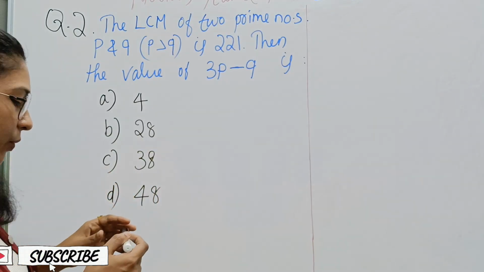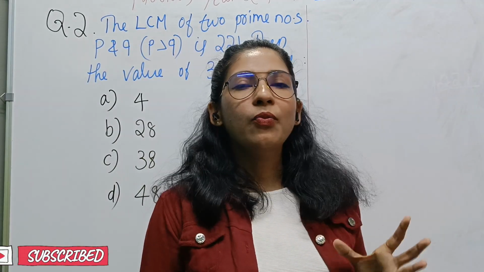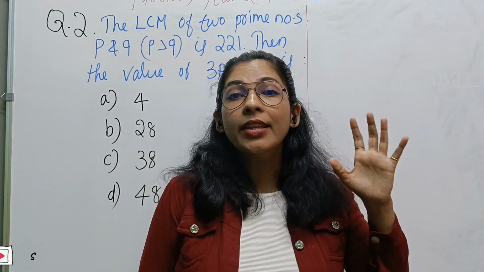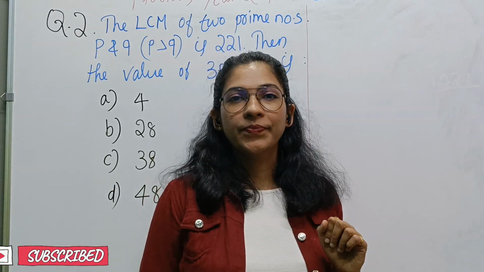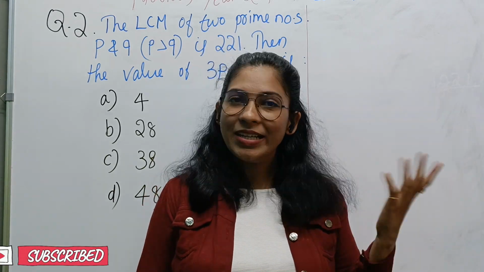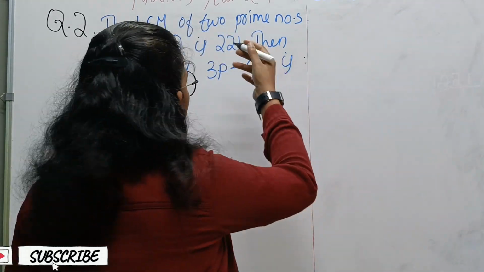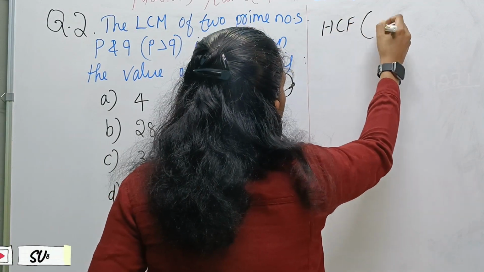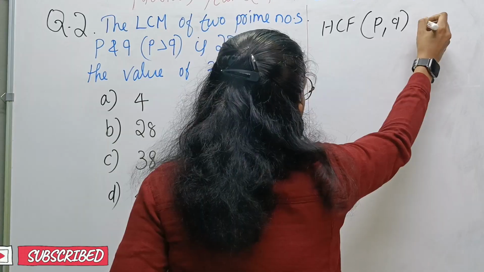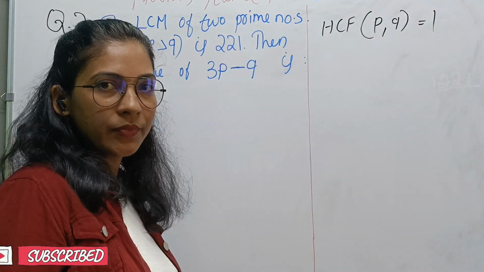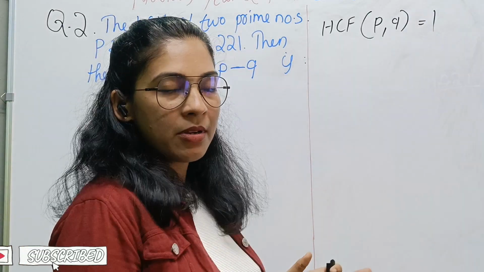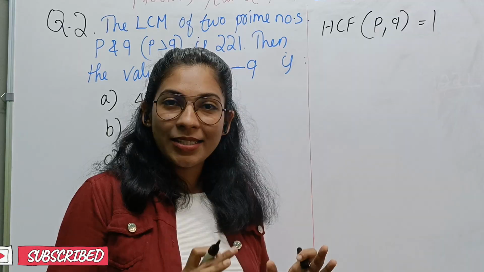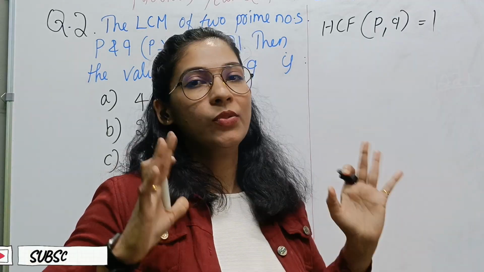My question is, what is the value of HCF in the case of two prime numbers? Yes, it's 1. So in this case the HCF of P, Q is equal to 1. If there are two prime numbers, then their HCF is always 1.